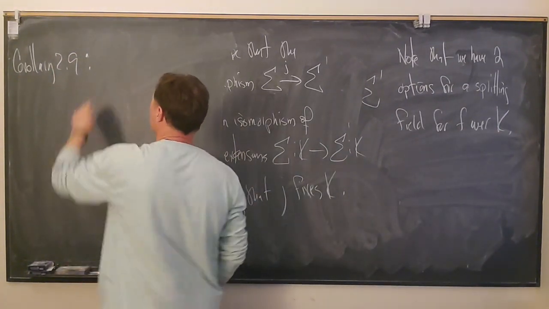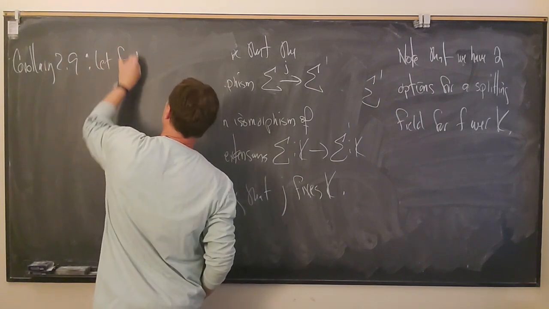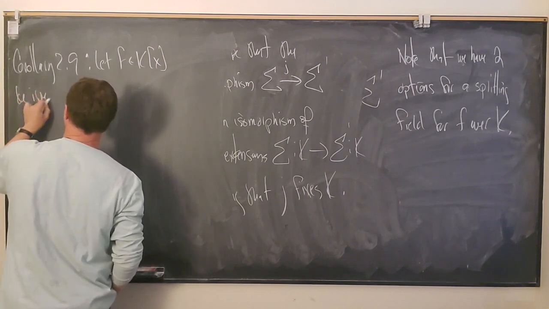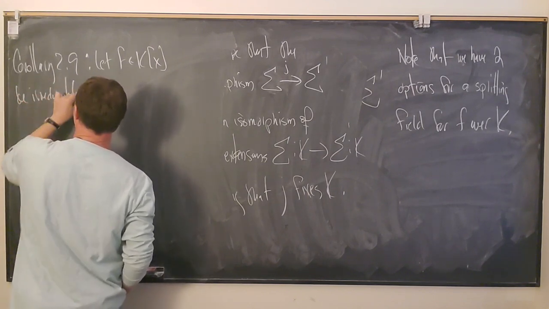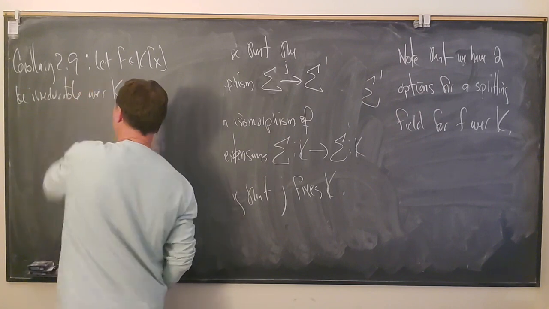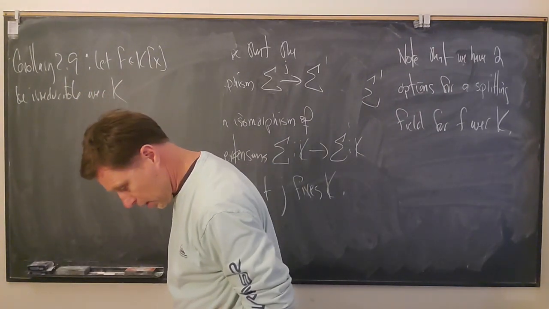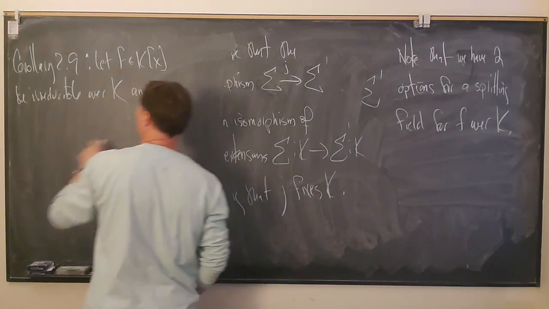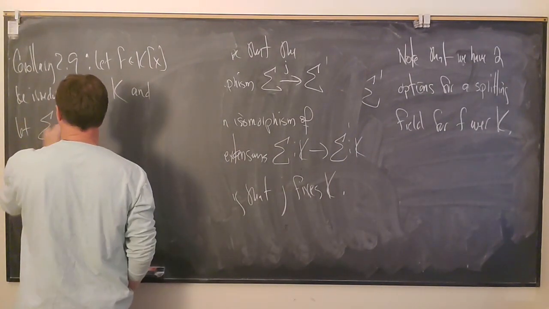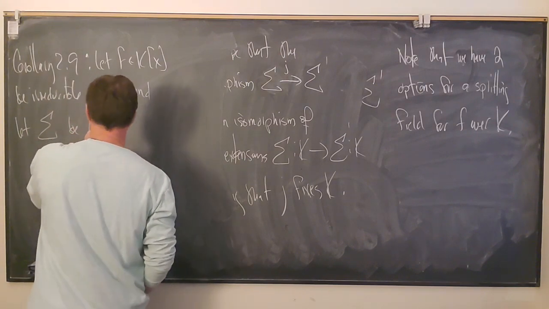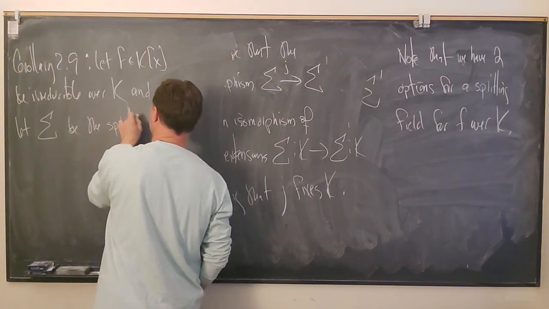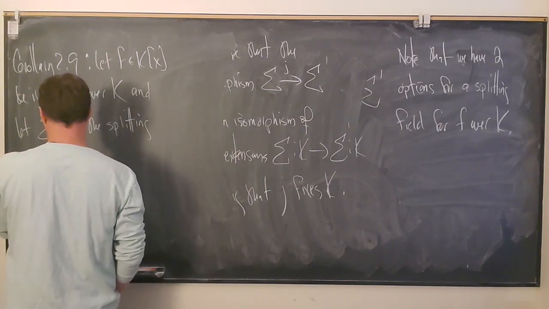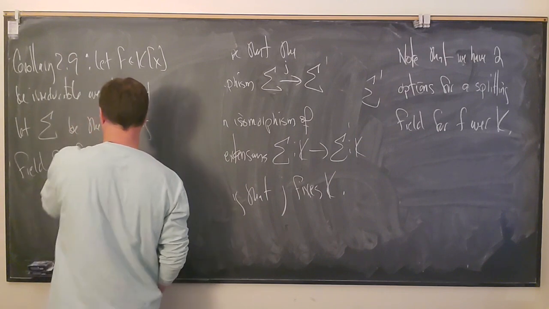Let f in k[x] be irreducible over k, and let sigma be the splitting field for f over k.